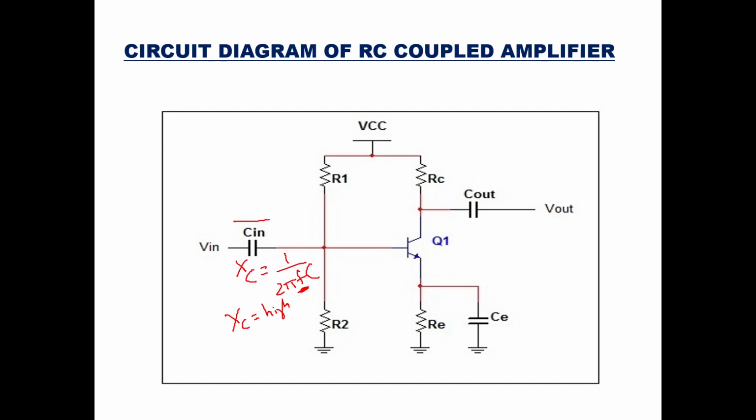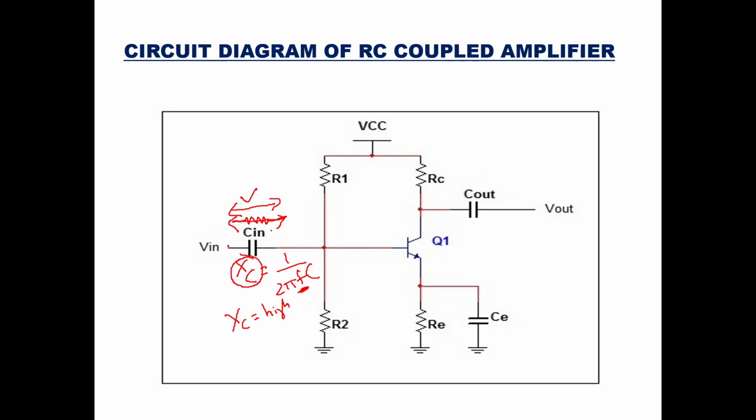That means this reactance will be more here. So whenever you give an input voltage here, a large voltage will be developed across the capacitor, because its reactance will be more, since the frequency is less.